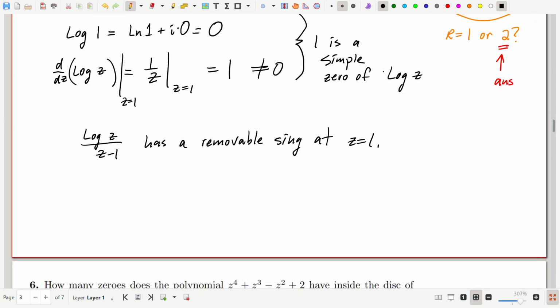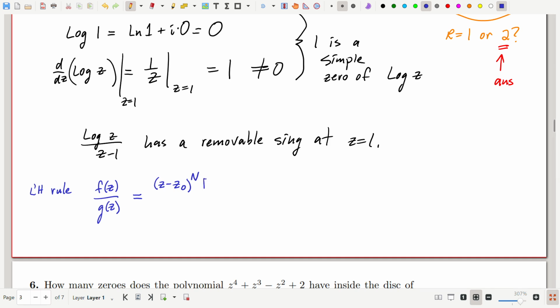A problem I like is there's a L'Hopital's rule for analytic functions. Let's suppose I have an f and a g that both have zeros of some order n at z naught. Well, remember the fact about zeros of order n means I can pull out a z minus z naught to the n, and then I'd have something left here.